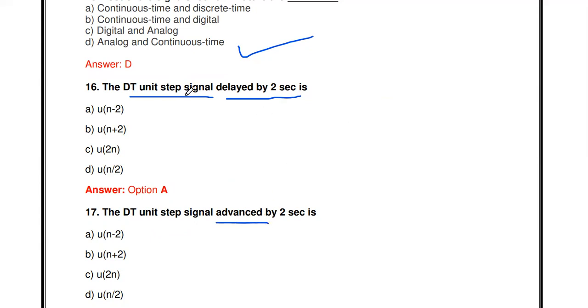Here the unit step signal, u of n, is delayed by 2 seconds. The original unit step signal is indicated by u of n. So this signal delayed by 2 seconds is indicated by u of n minus 2. If delayed by 3 seconds, u of n minus 3. So u of n minus 2 is the answer. Delayed means you subtract that constant from the time n.